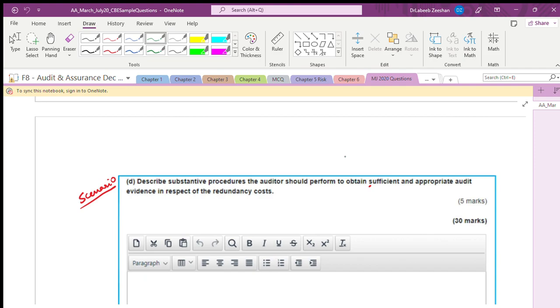What is redundancy? When we are talking about the redundancy cost, definitely we have to know whether provisions have been made, whether the approval of the management has been taken, whether the payment has been settled, whether they have transferred the payments. Is it right? All the things have to be taken into consideration.